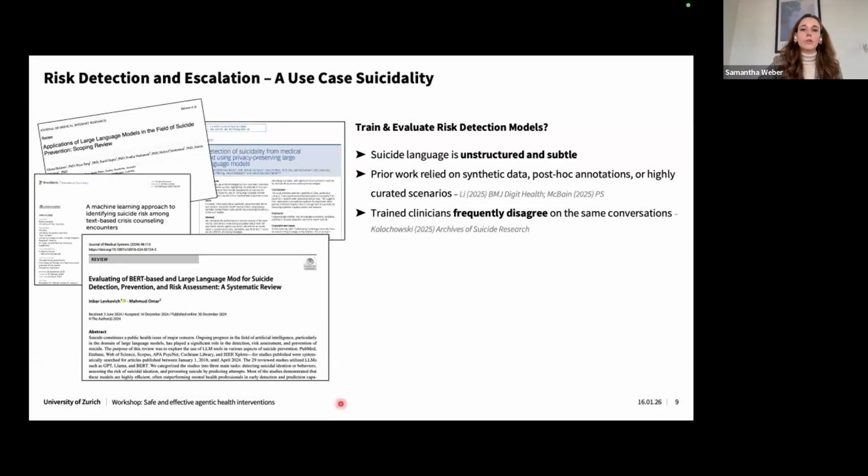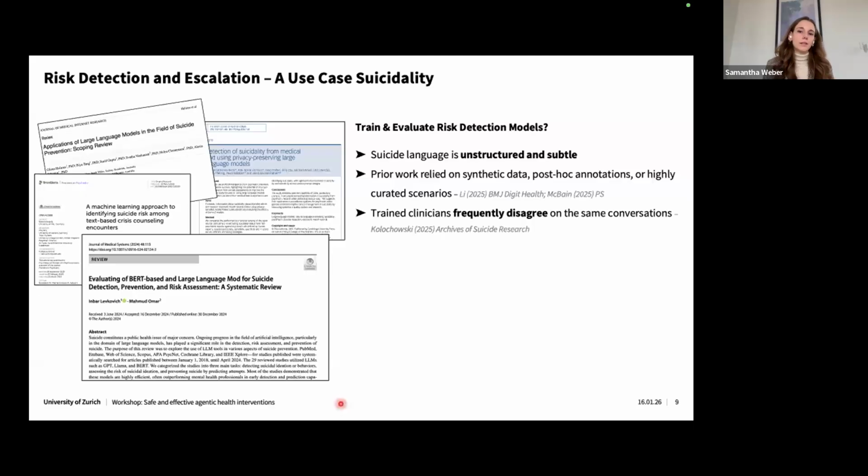However, there is of course extensive work already going on, especially in the field of suicide prevention, focusing on the integration of large language models. One issue is that unlike structured clinical datasets, for example from clinical notes, crisis-relevant language often emerges unpredictably and does not follow a predefined structure.